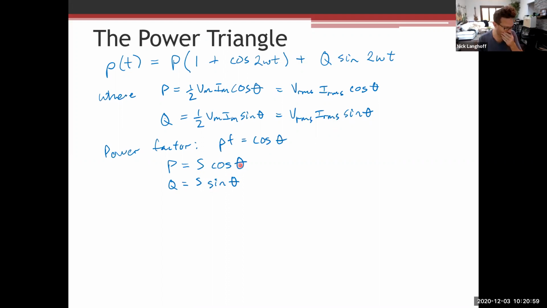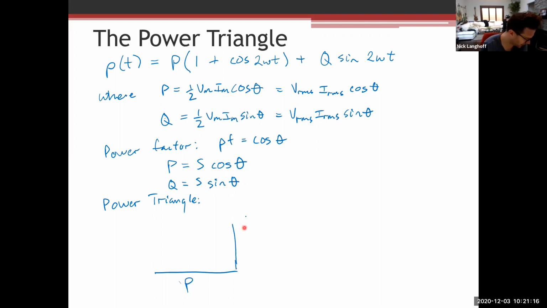And what we see then is a right triangle relationship showing up here that we refer to as the power triangle. It takes the real power, P, and the reactive power, Q, and plots them in the complex plane.